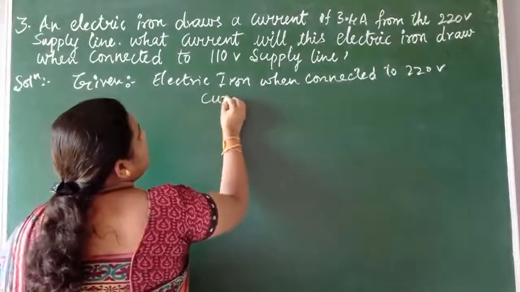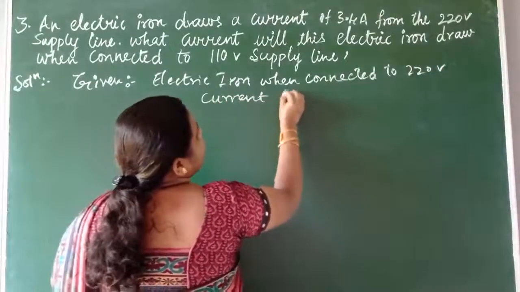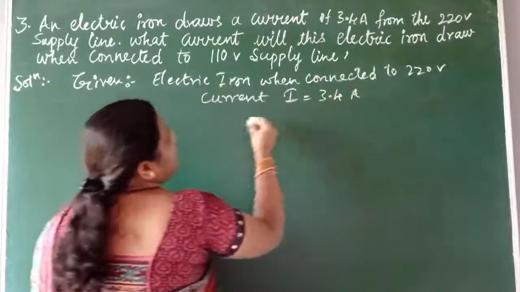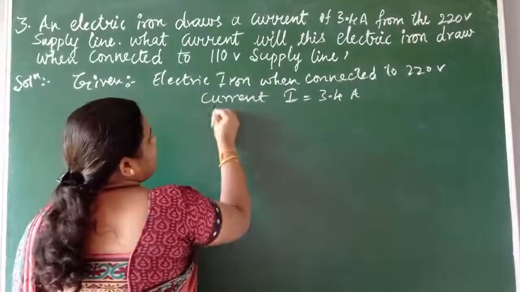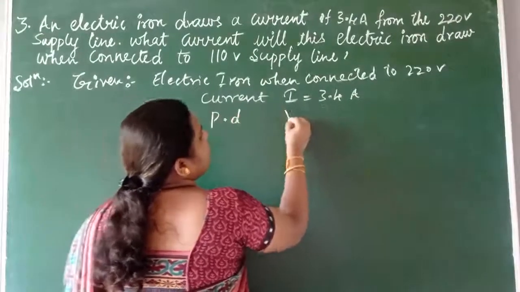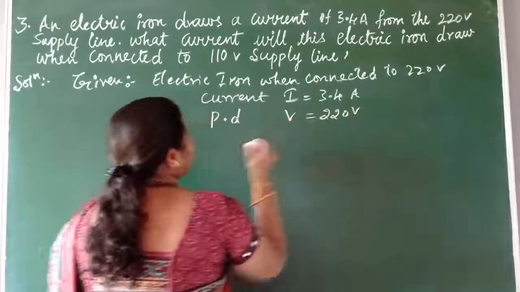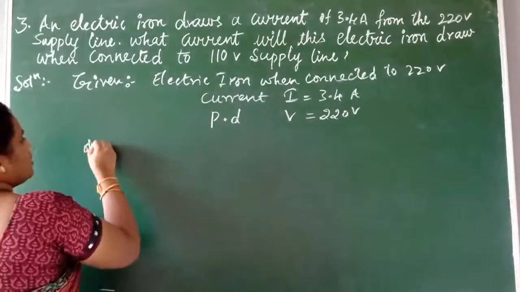That is, current I is equal to 3.4 amperes, and potential difference V is equal to 220 volts, isn't it? Now use Ohm's law, children.